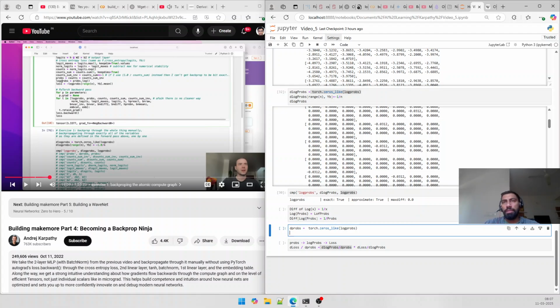So the size remains the same, and for each individual variable we need to do 1 by x.